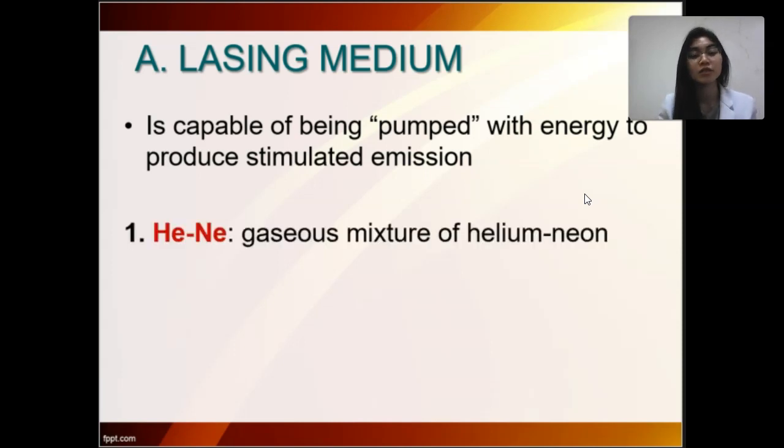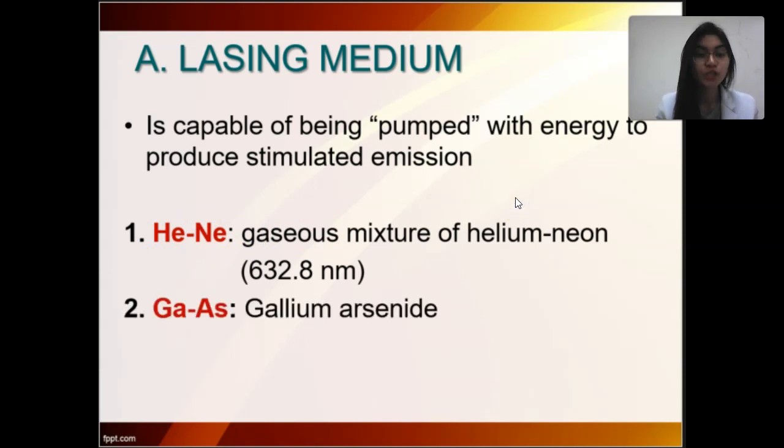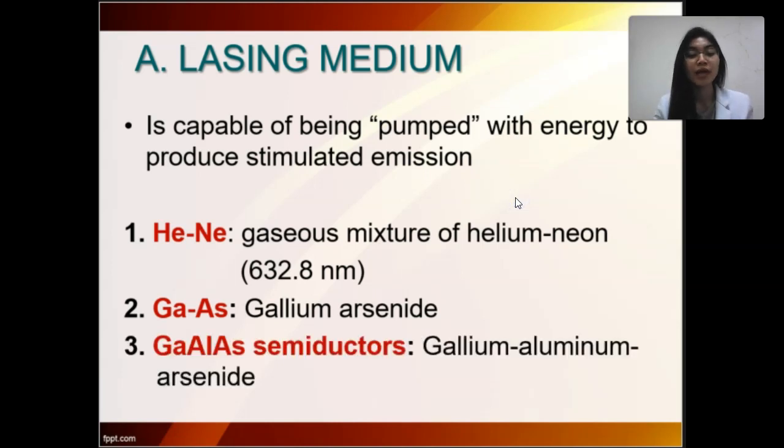Now, we have helium-neon. Nabanggit natin siya kanina, that it is very useful for tissue healing. Your helium-neon is a gaseous mixture of helium and neon itself. Kaya HeNe. And then we also have GaAs. This is a mixture naman of gallium arsenide. And then lastly would be the GaAlAs semiconductors.